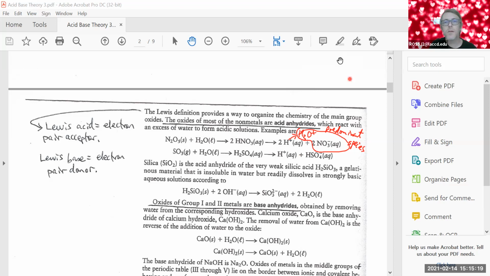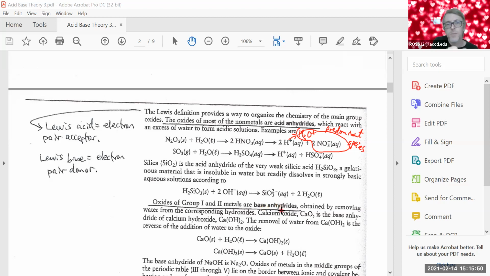Let's just scroll. Let's look at the oxides of metals. So let's move away from nonmetals, let's go to metals. So here we've got oxides of group 1 and group 2 metals. So these are the S block metals, or group 1 are the alkali metals, group 2 are the alkaline earth metals. These are base anhydrides.